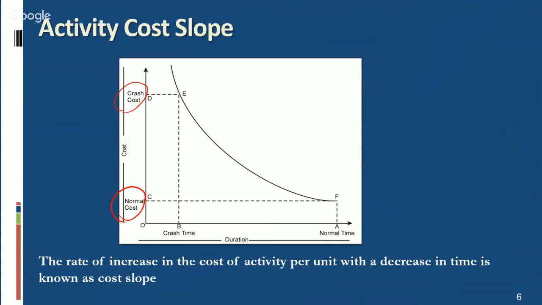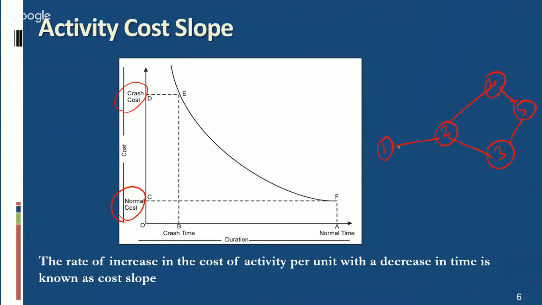Suppose we are drawing a critical path network. This is an example of how it is carried out, and suppose this is the termination point.